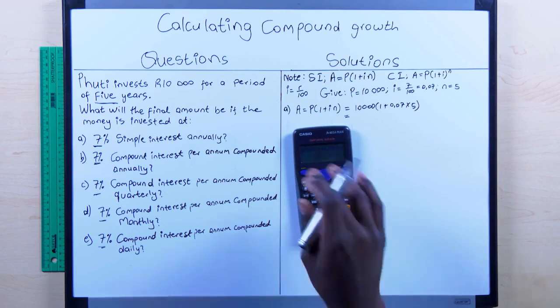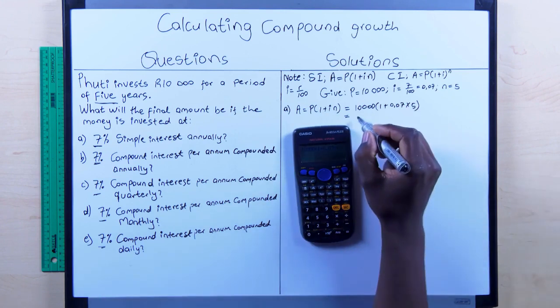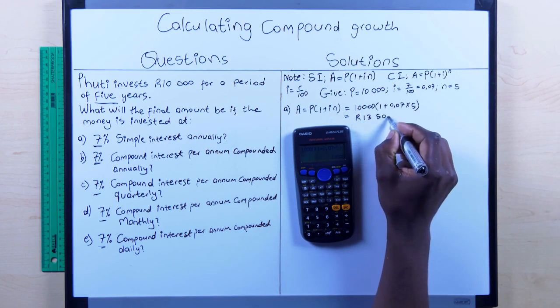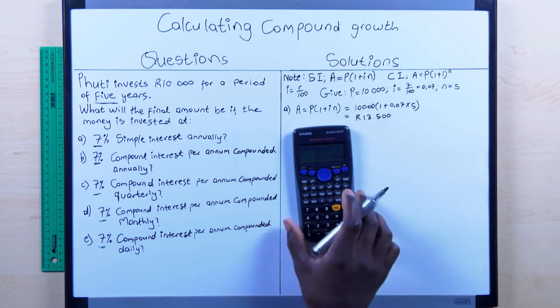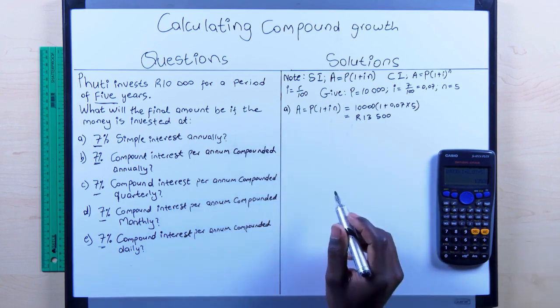We put that whole calculation in, press equals. That means that your investment at the end of 5 years will be 13,500 Rand. That's the amount for A, the final amount of the investment.